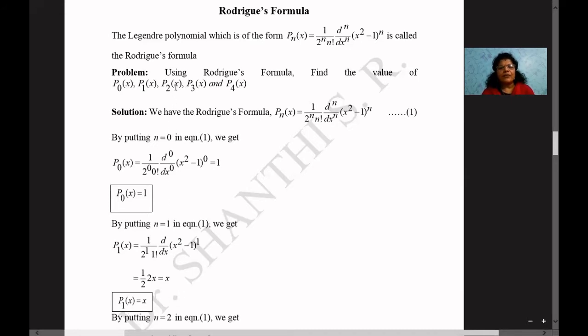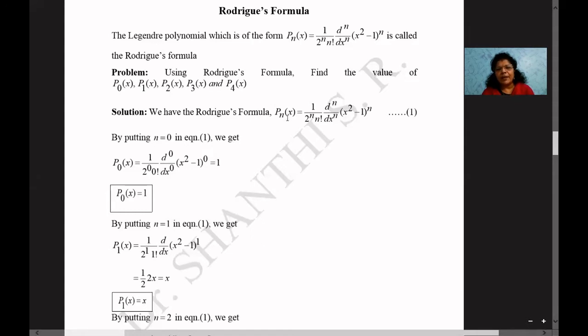Third one, P2 of x. How will you get P2 of x? If you substitute n is equal to 2 in equation number 1, we'll get P2 of x. That is 1 by 2 power 2, 2 factorial, d power 2 by dx power 2 of (x square minus 1) the whole square.